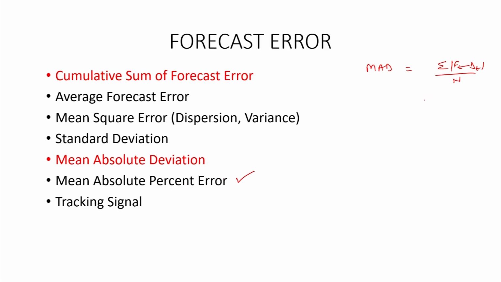Whatever mean absolute deviation I am calculating, I will divide it by the average demand, and then multiply by 100. So, that will give me the mean absolute percent error. Why do we do that?